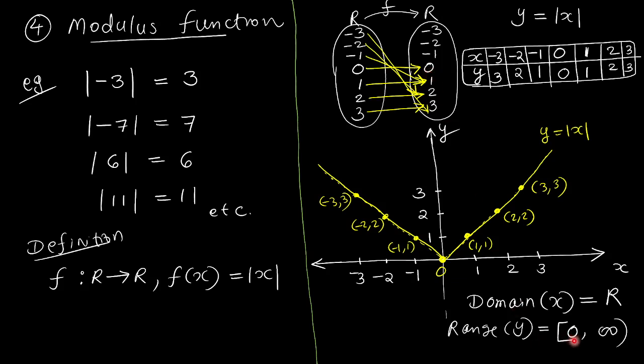So the symbol will be like this, starting from 0 up to infinity. Denoted by this symbol. The symbol means that the value of y starts from 0 and goes up to infinity. 0 is included, so we use this kind of bracket on the side of 0. This bracket means that the number 0 is included. I explained in the previous class, okay?